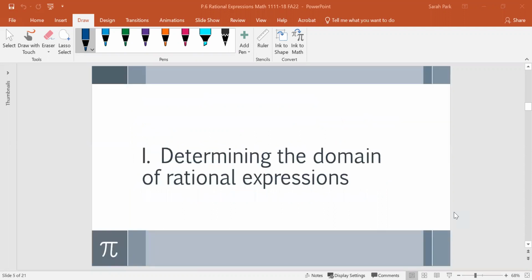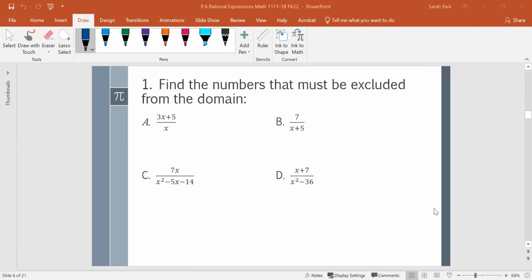So let's take a look at how we can determine the domain of rational expressions. We have 4 examples here. First, 3x plus 5 over x, with x in the denominator. It doesn't matter what is in the numerator when we're trying to find the numbers to exclude from the domain. What matters is what we cannot plug into the denominator, or what values will make the denominator 0.